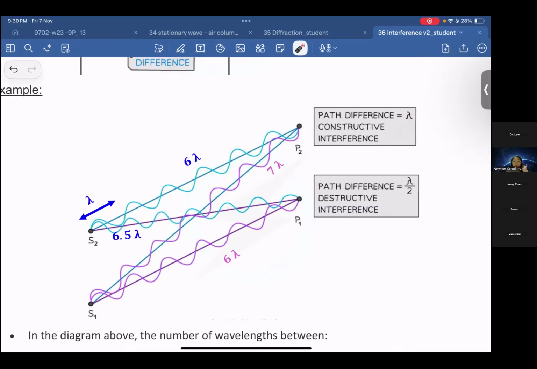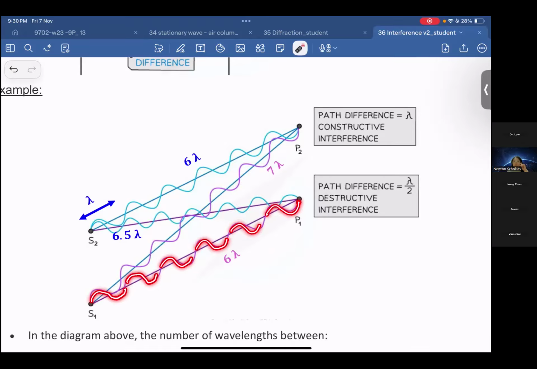But here, we look at P1. If you count this blue color, 1, 2, 3, 4, 5, 6, 6.5, dear. From S2 to P1, it travels 6.5 wavelengths. How about the purple color from S1? We count 1, 2, 3, 4, 5, 6.